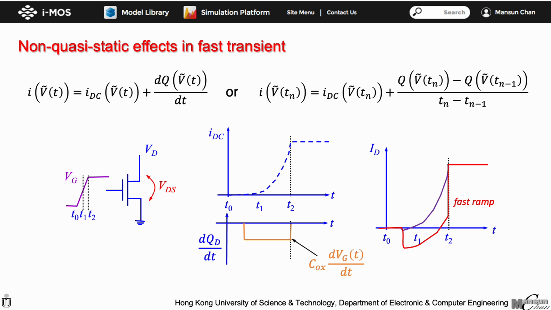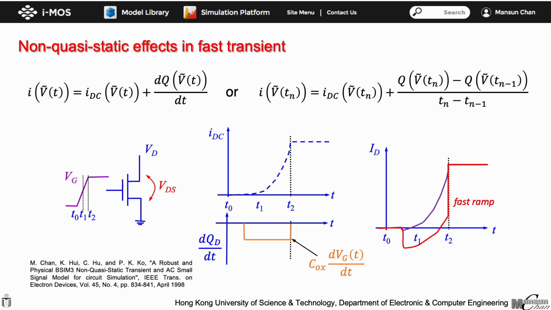Then, the total current given by the sum of the DC current and the charging current will look like what is given in this figure. So, an abrupt negative change in the current is observed at Vt. This is the so-called non-quasi-static effect, and you may refer to the given reference for the details.